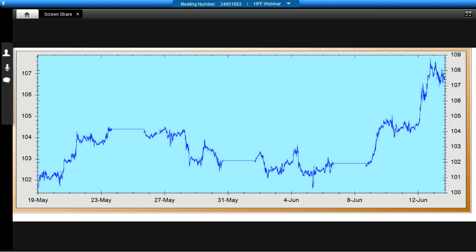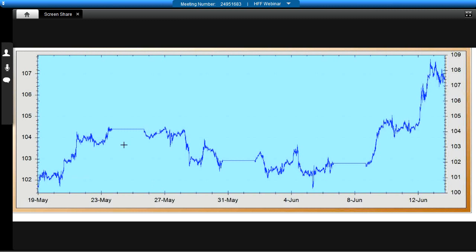chart, just the price chart for now of crude oil, and this chart runs from May 19th till June 12th, so till about a week ago.